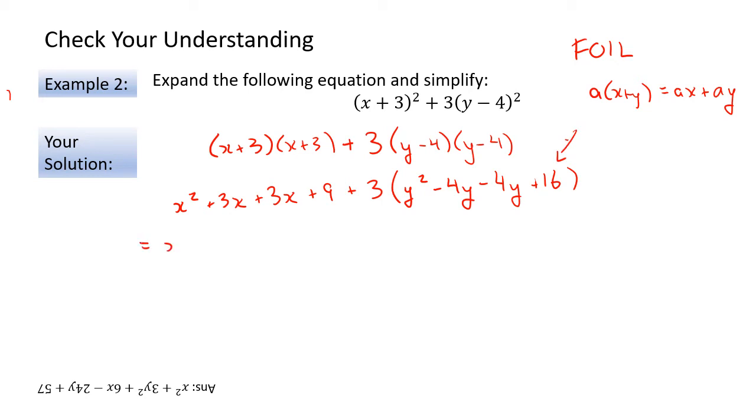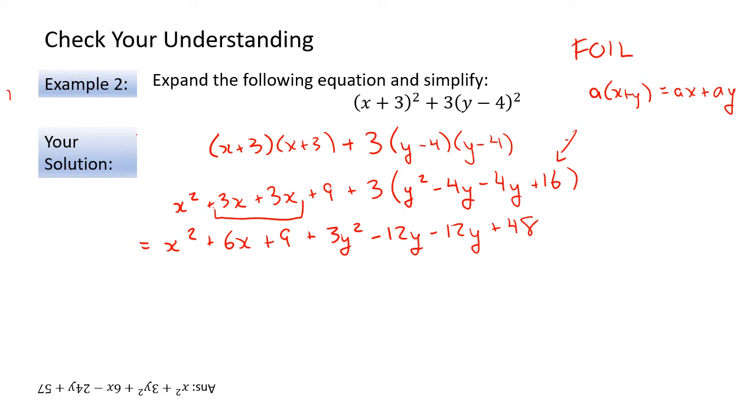If we do that, we get x squared, plus, in this case, 3x plus 3x, which is 6x, plus 9. Then plus, propagating that 3 in, we get 3 times y squared, minus 3 times negative 4 is negative 12y. 3 times negative 4y is negative 12y. And 3 times positive 16 is 48.